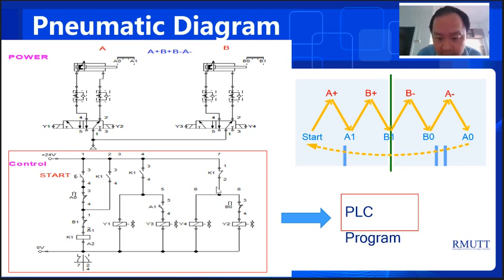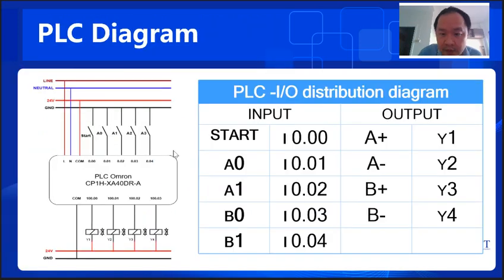And the next step is to design the PLC program to meet the requirements of the motion just mentioned. Before designing the PLC diagram, first assign the input and output interfaces of the PLC.